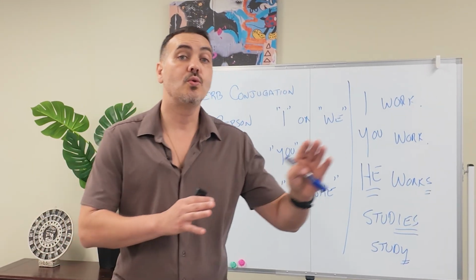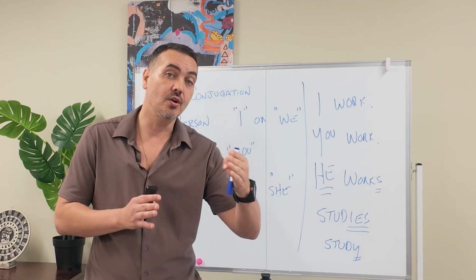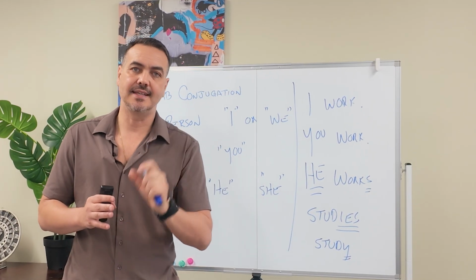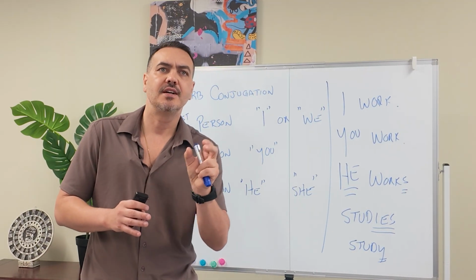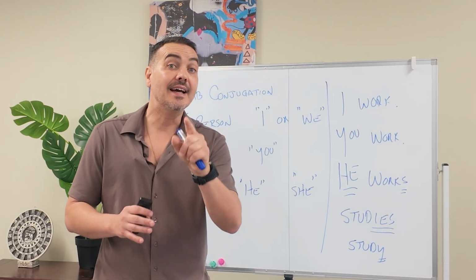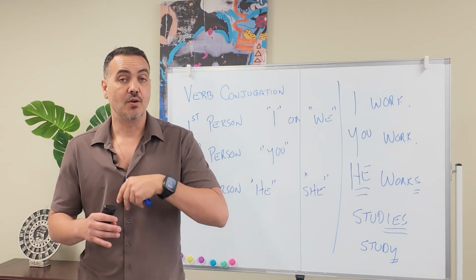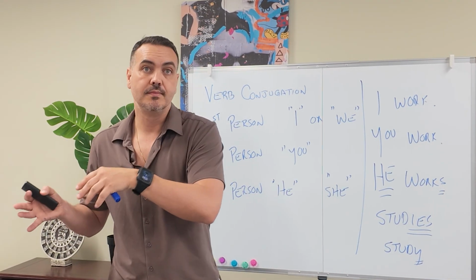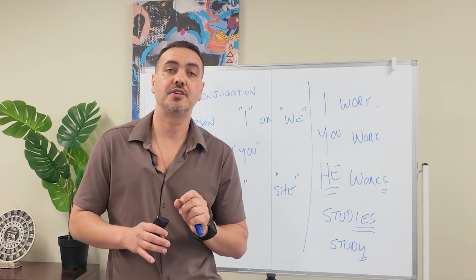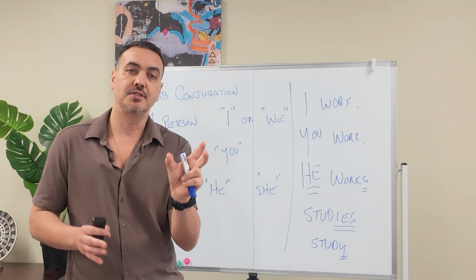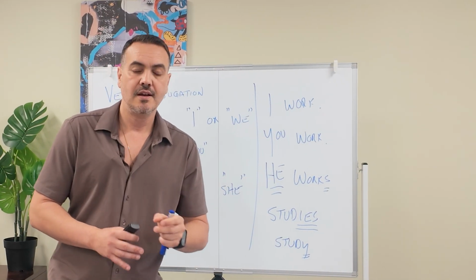She goes. So instead of just go, G-O, you're going to put E-S at the end. He goes. She goes. It goes. And if I'm talking about we go. And then, of course, when we get to they, again in the third person, it just simply goes to go. They go. They go to the store.